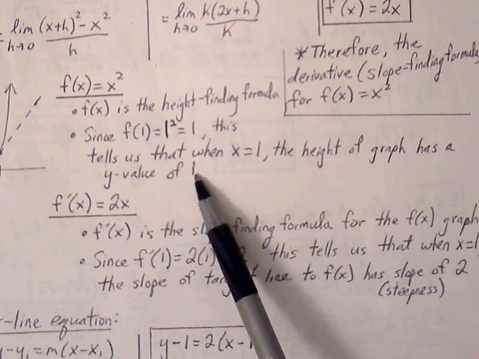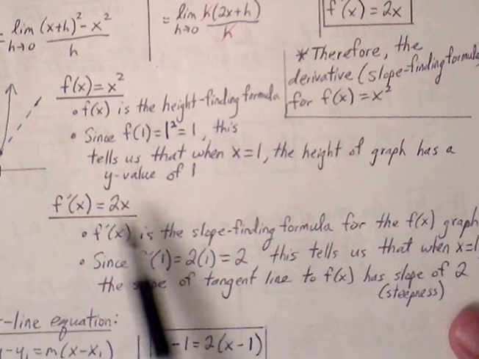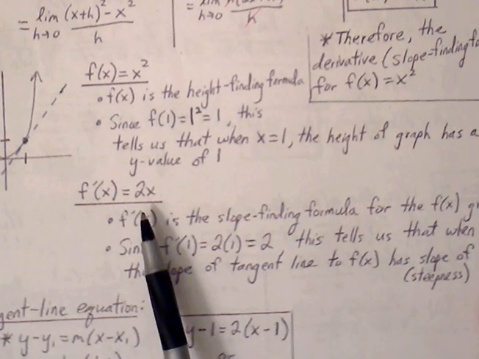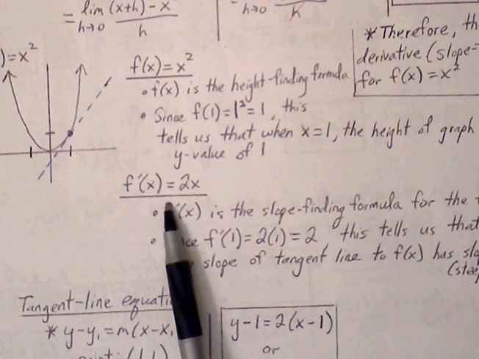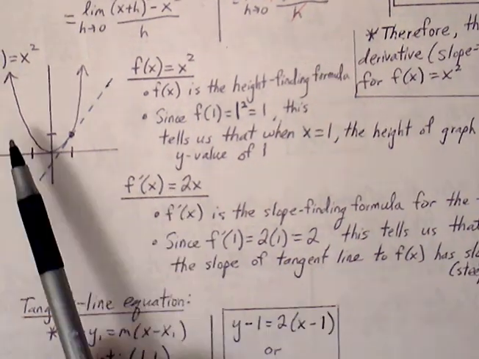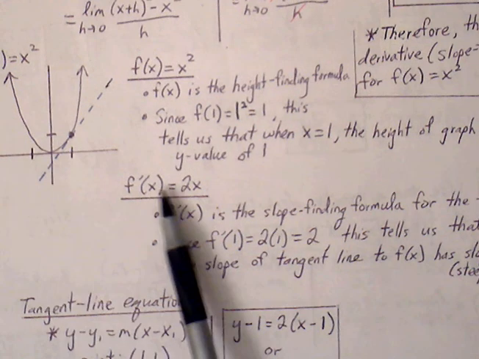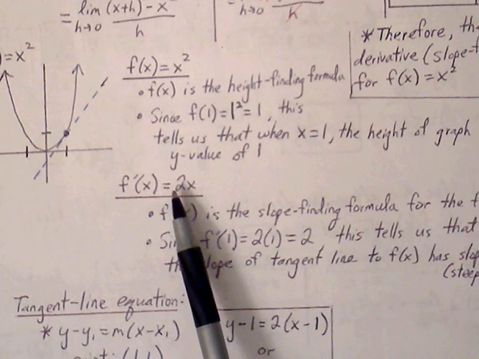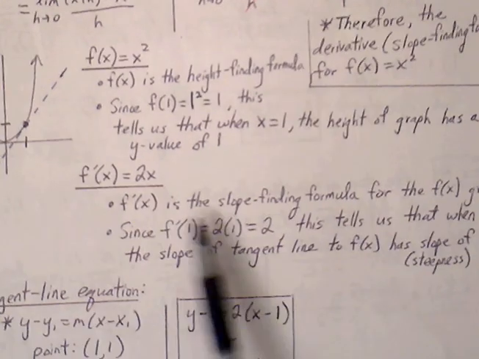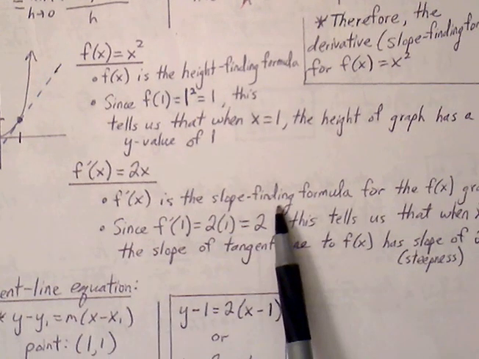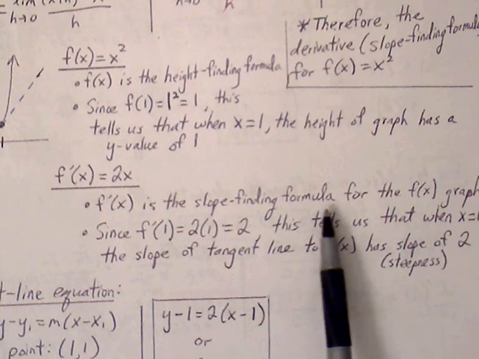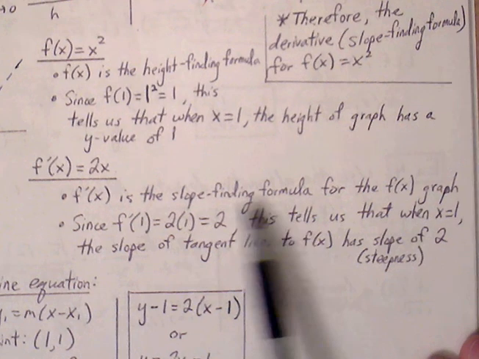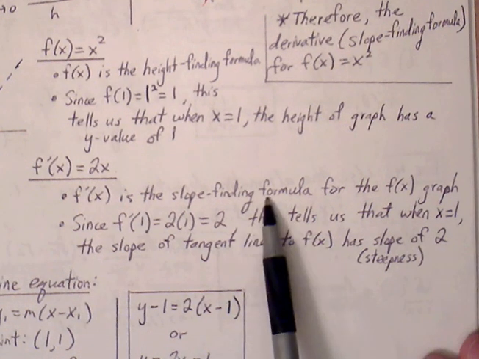So this tells us that when x equals 1, the height or the location of the graph has a y value of 1. Okay. So now let's look at f prime of x. So f prime of x also provides information about this curve, but it does not give us the location. Instead, f prime will provide for us the slope of the curve at that point. Okay, f prime is the slope finding formula for our function graph.